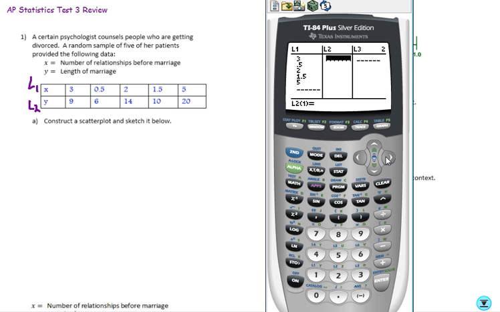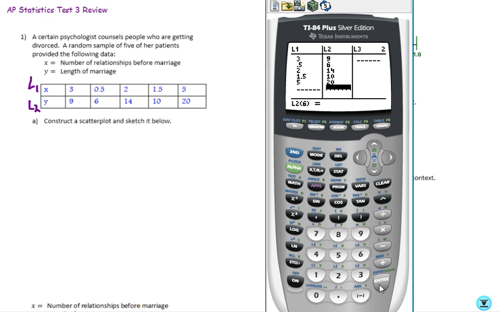And then length of marriage, so it looks like we've got 9, 6, 14, 10. Nope, not 1,000. If you end up making a mistake, you can type over it. So we can type 10, and then we've got 20.